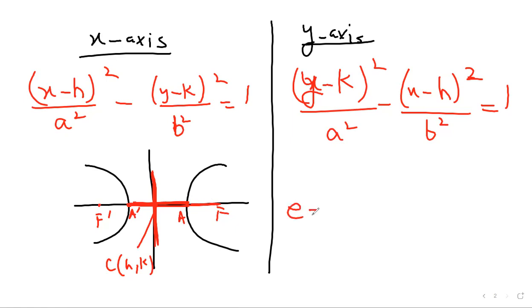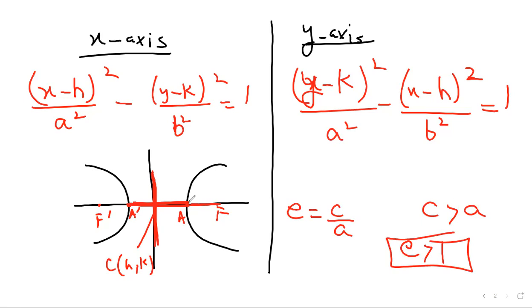As I have discussed, e is c upon a, and c is greater than a. That's why eccentricity is greater than 1. If you notice, this is c, this is minus c, and this is a. So yes, c is greater than a. It is proved.